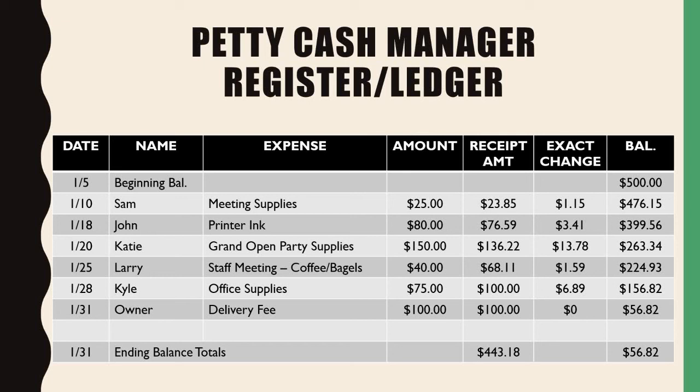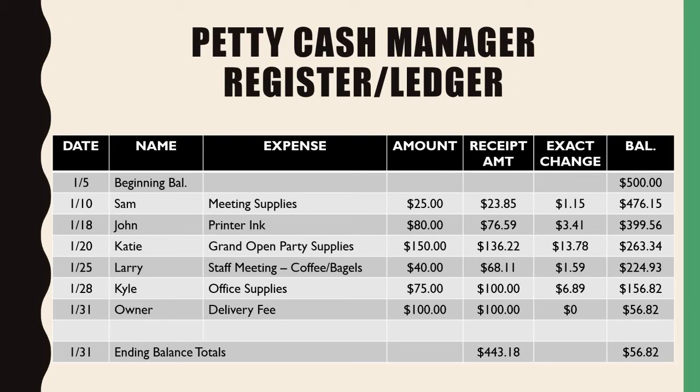Okay, Kim, I think this is what you were talking about. This is a different terminology for the ledger. When we're looking at the petty cash drawer, we don't call this the ledger. I say it's the ledger because the definition of a ledger is to keep a running balance of every single account.